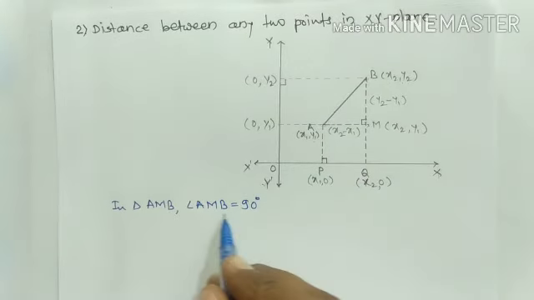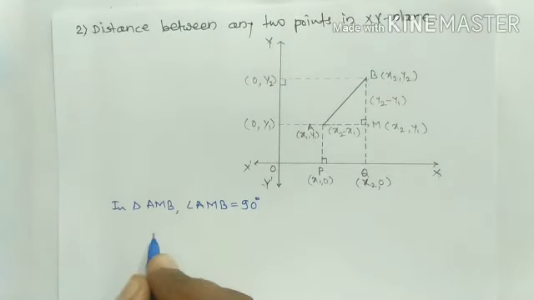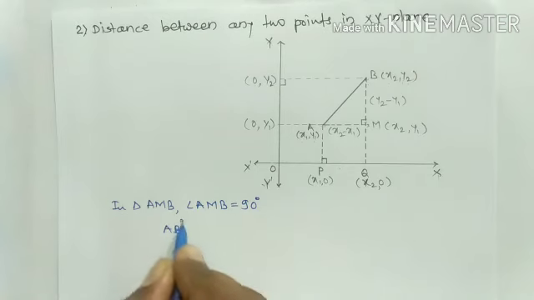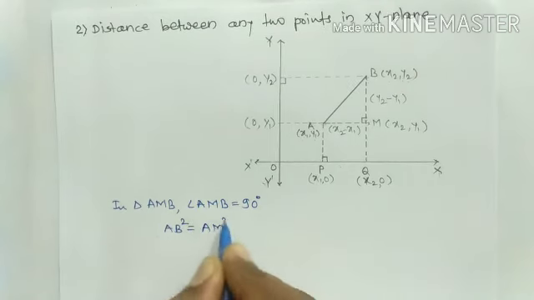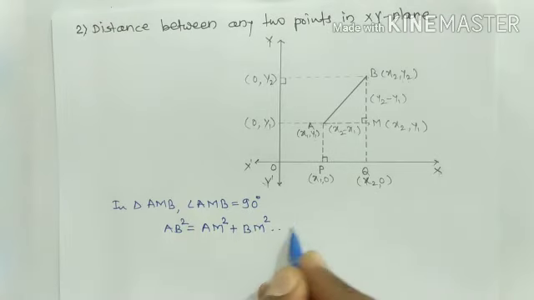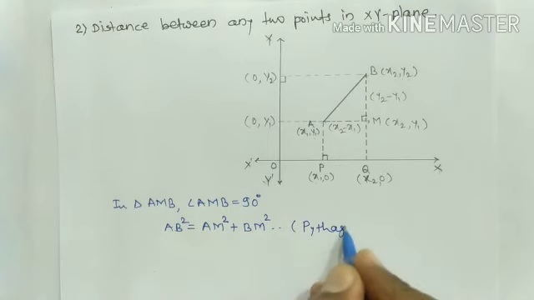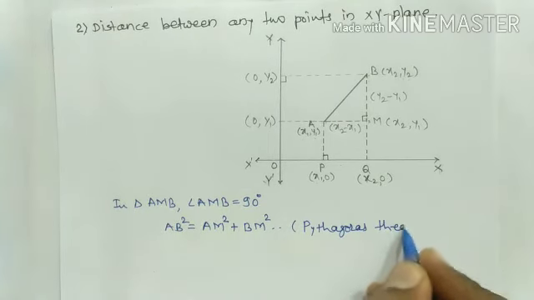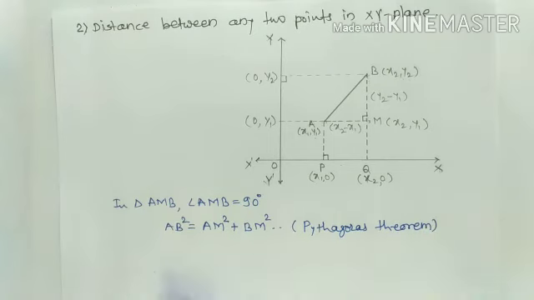Now in triangle AMB, angle AMB equals 90 degrees. Then AB square equals AM square plus BM square. This is the Pythagoras theorem. Therefore, AB square equals, here AM equals x2 minus x1 bracket square, plus BM equals y2 minus y1 bracket square.